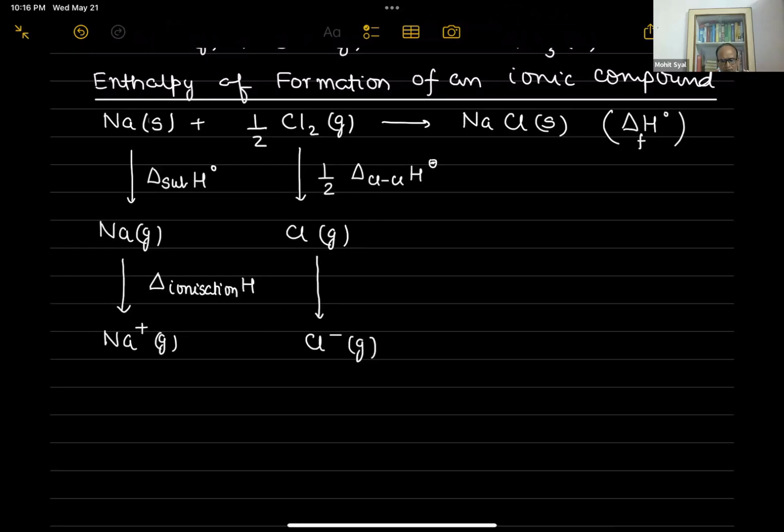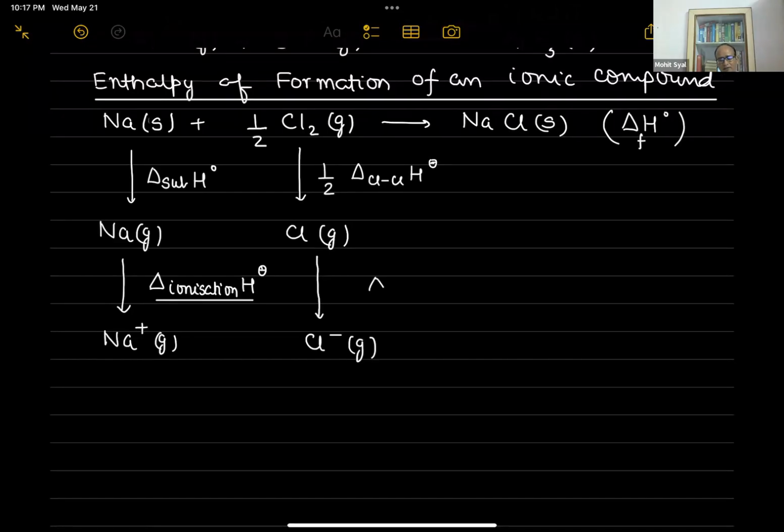So we need to convert the gaseous Na and Cl atoms into Na plus and Cl minus. So for Na, one electron needs to be removed. Whatever the enthalpy change in the gas phase to ionize, that is called enthalpy of ionization. Enthalpy of ionization is the enthalpy required to ionize 1 mole of gaseous atoms into 1 mole of ions in gaseous state.